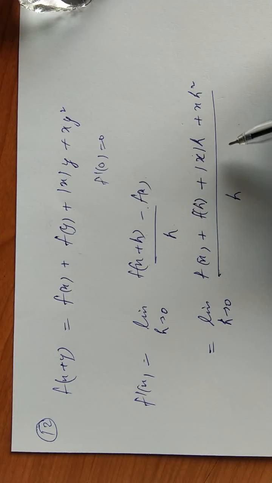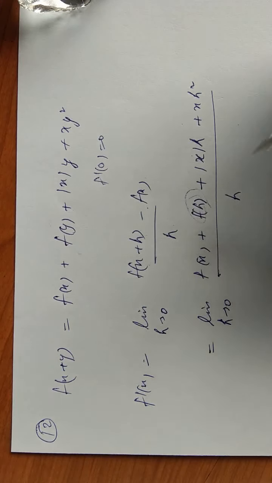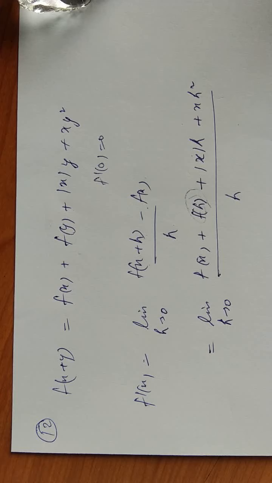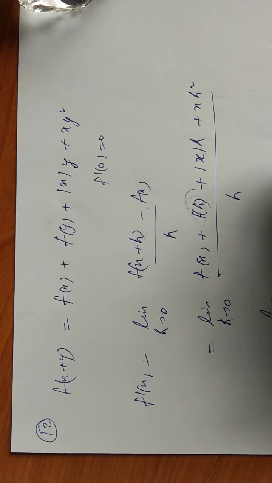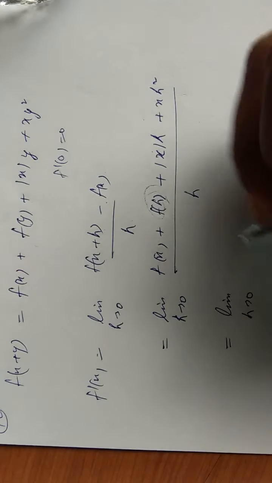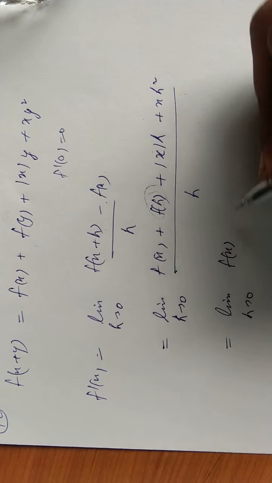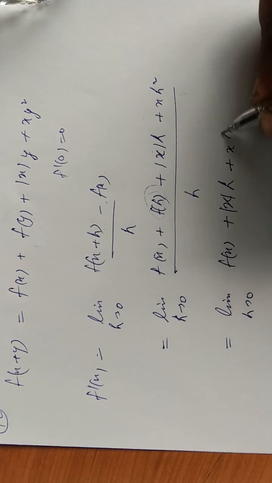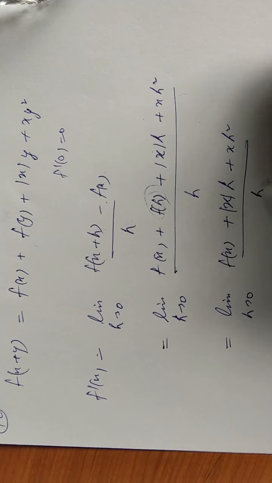Okay, since f(0) is 0, so this will also become 0. So this would become limit h tends to 0 of (f(h) plus mod x h plus x h square) upon h.